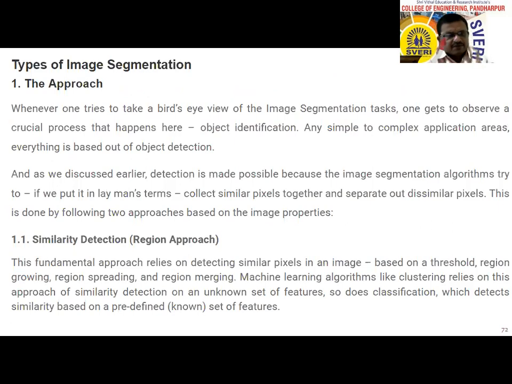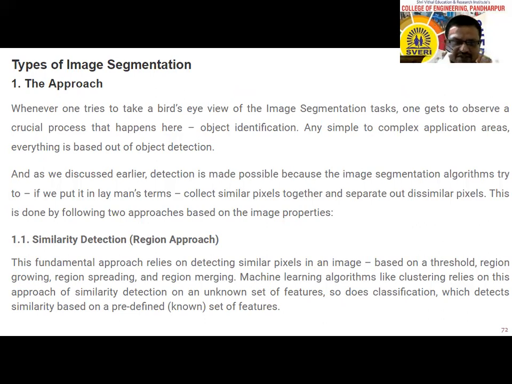Now, what are the types of image segmentation? First, the approach. Whenever one takes a bird's eye view of image segmentation tasks, one gets to observe a crucial process that happens here, and that is object identification. Any simple to complex application area is based on object detection.